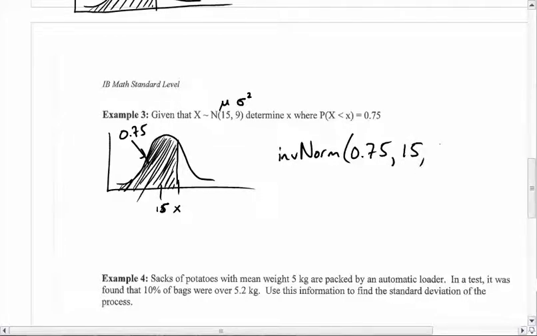Now quite often what people will do will put the number 9, but remember that when they write the normal function that this number is not the standard deviation but the standard deviation squared. So sigma squared is 9, which means sigma is 3. So make sure you've got the standard deviation there of 3.